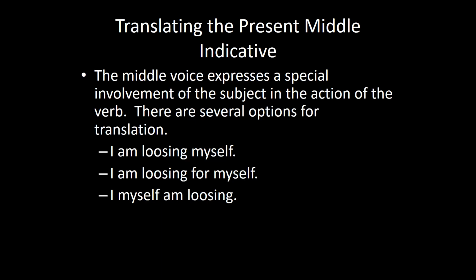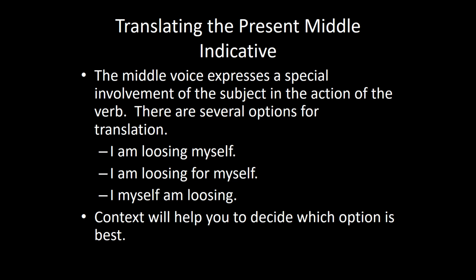Now remember, on the middle we had several different options. The middle expresses special involvement of the subject in the action of the verb. So we could say, I am loosing myself, I am loosing for myself, or I myself am loosing. How are you going to know which one to do?